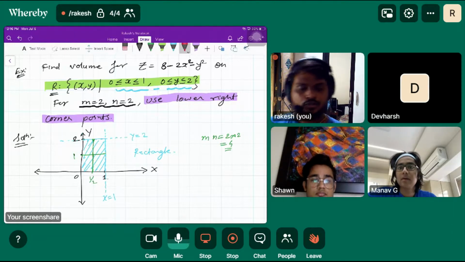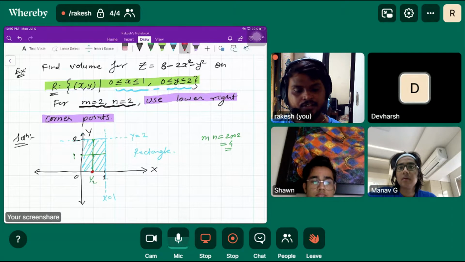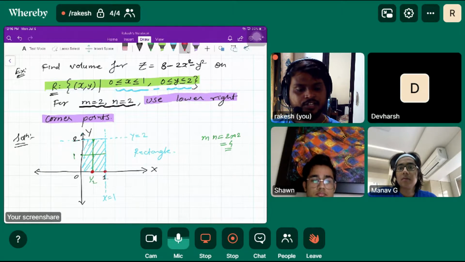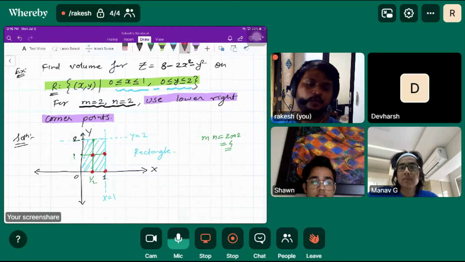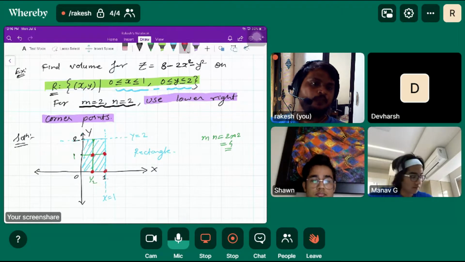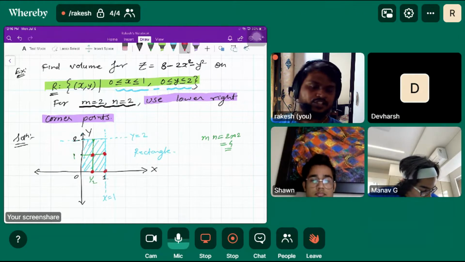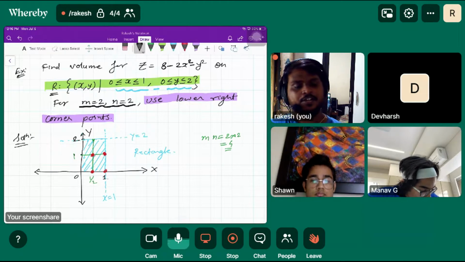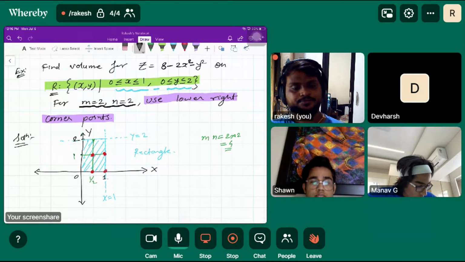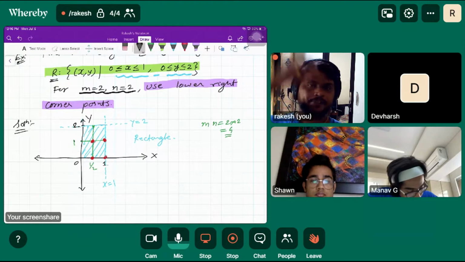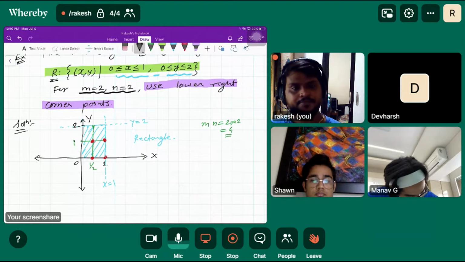Lower right means 1, 0, right? This is one point, this is another point, this is this, and this is the fourth. How many rectangles? 4 rectangles. How many points? 4 points. So if we plug these points in the function, it will provide you the height of each cuboid.